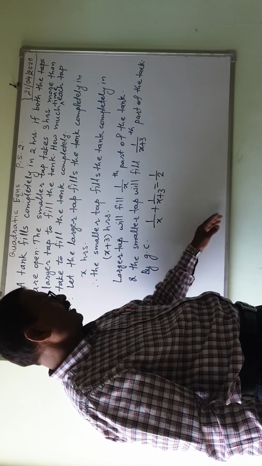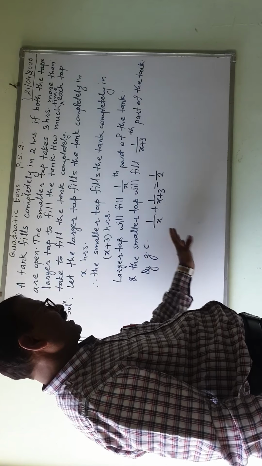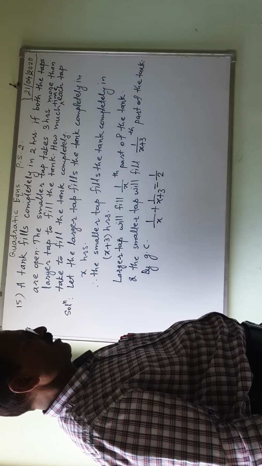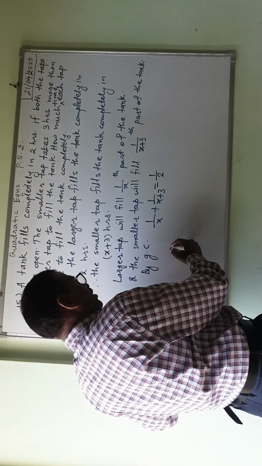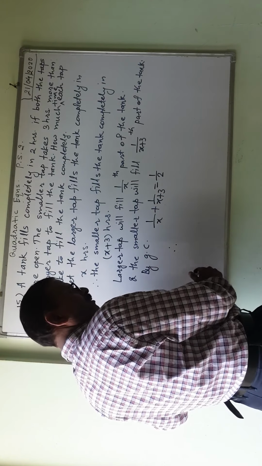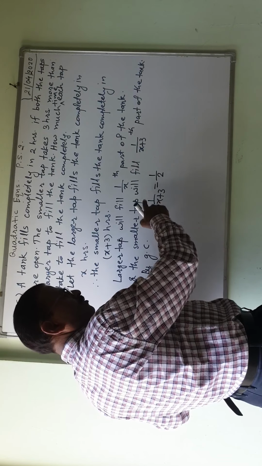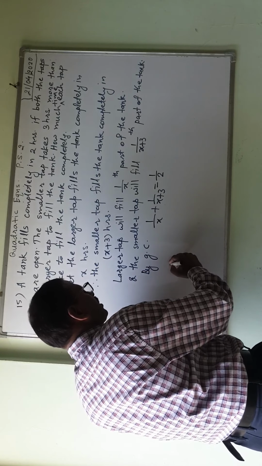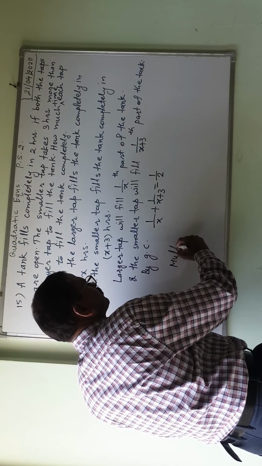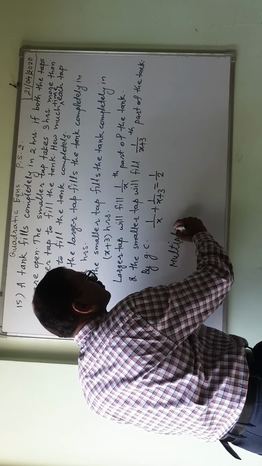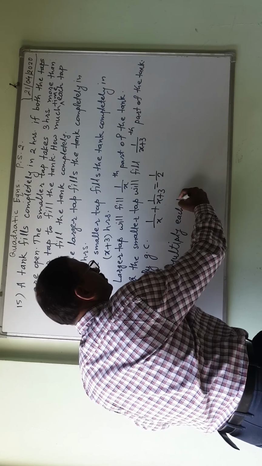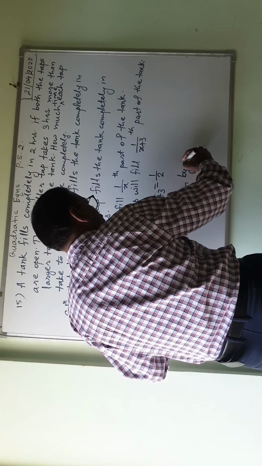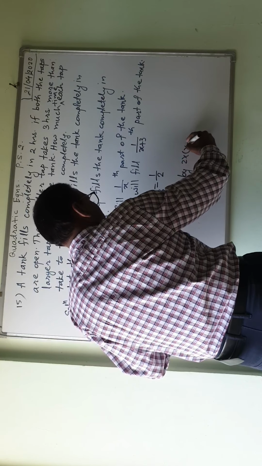I have told you, take the LCM of all this. Nothing is common in this. So 2x into x plus 3 is the LCM. And now solve it. Therefore, multiplying by x into 2 into x plus 3. So I will write here, multiply each term by 2x into x plus 3.